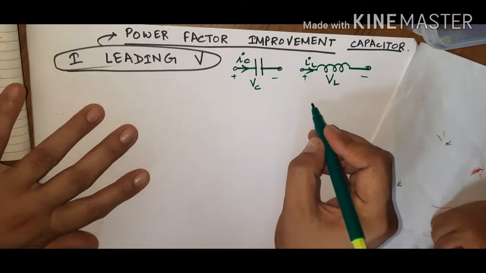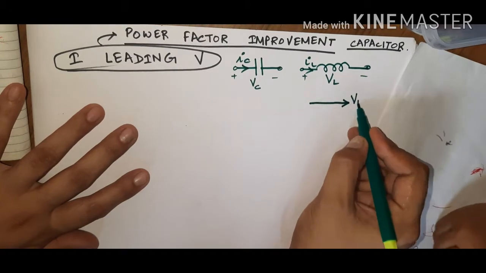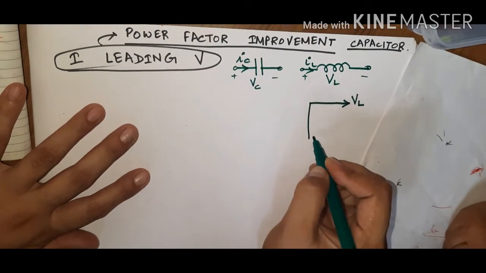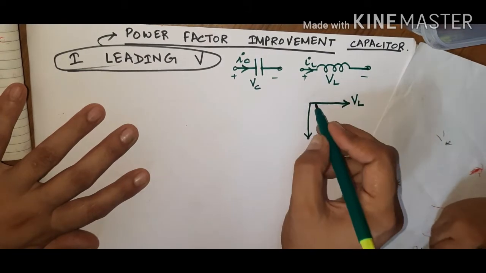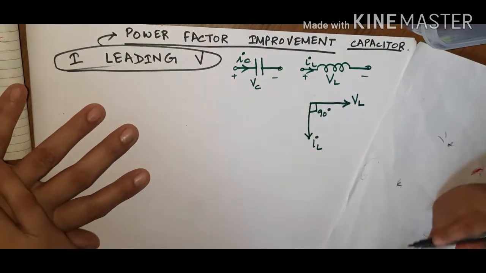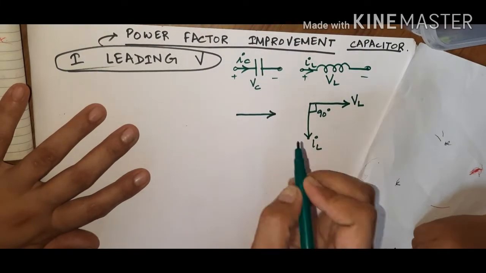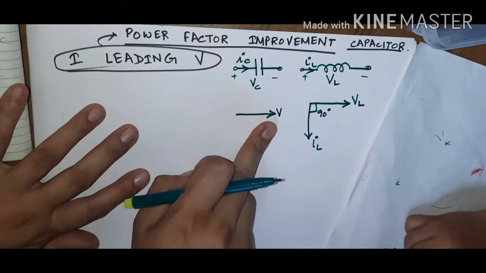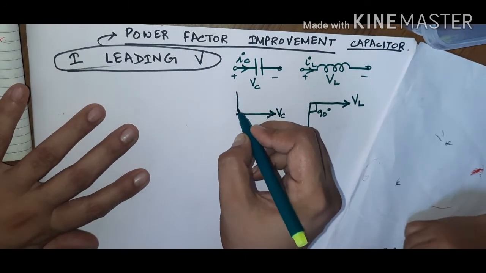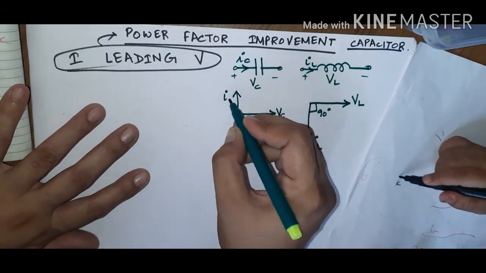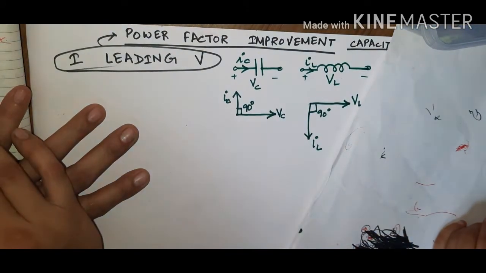In the case of an inductor, you very well know that the current lags behind the voltage by an angle of 90 degrees. And in the case of a capacitor, the voltage is drawn as the reference, so the current actually leads the voltage by an angle of 90 degrees.